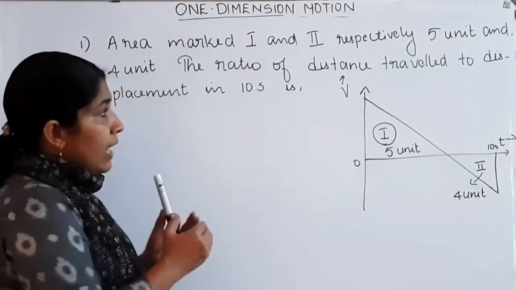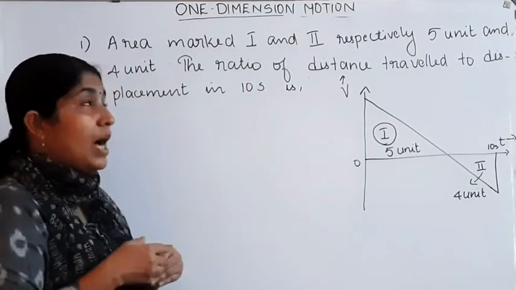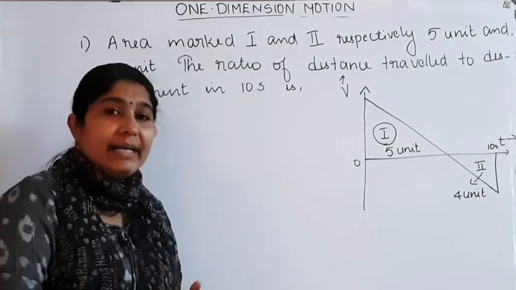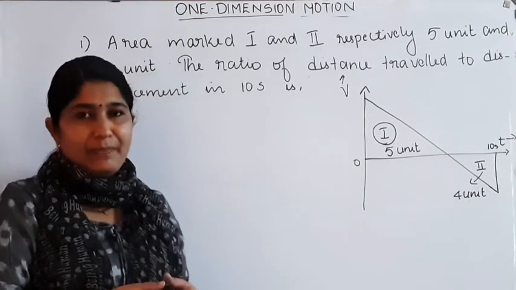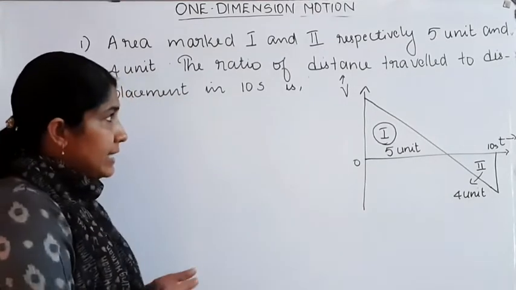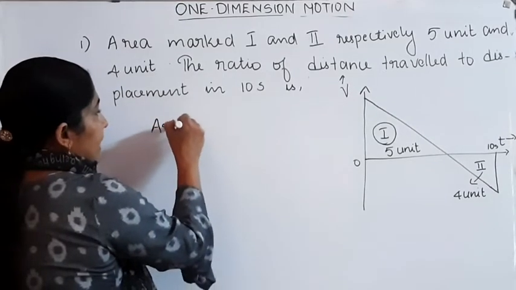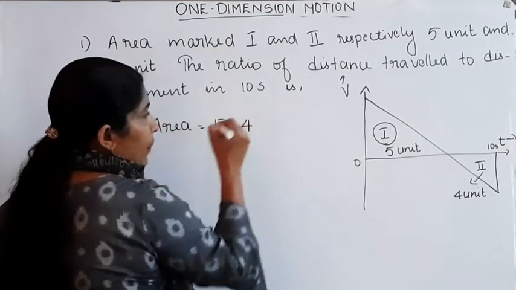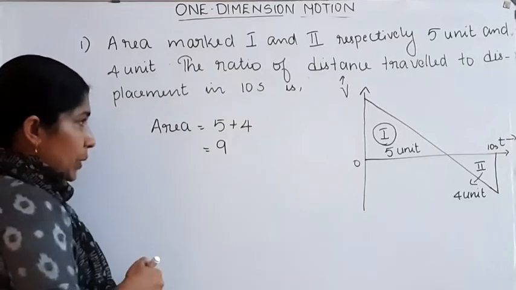Here we have a velocity-time graph. From the velocity-time graph, how can we find displacement and distance? The area under the velocity-time graph gives distance or displacement. The total area is 5 plus 4, that is equal to 9.